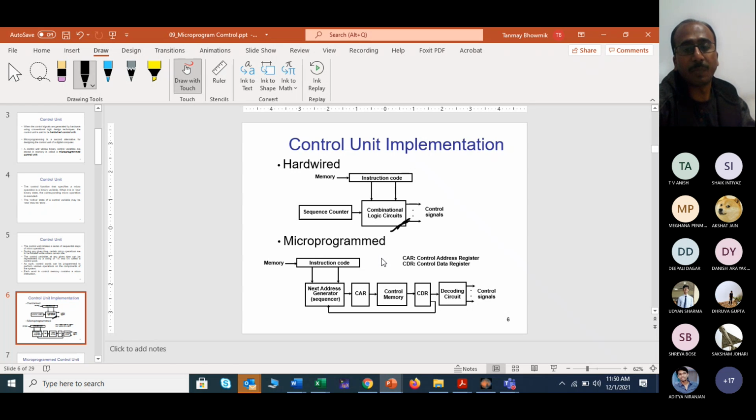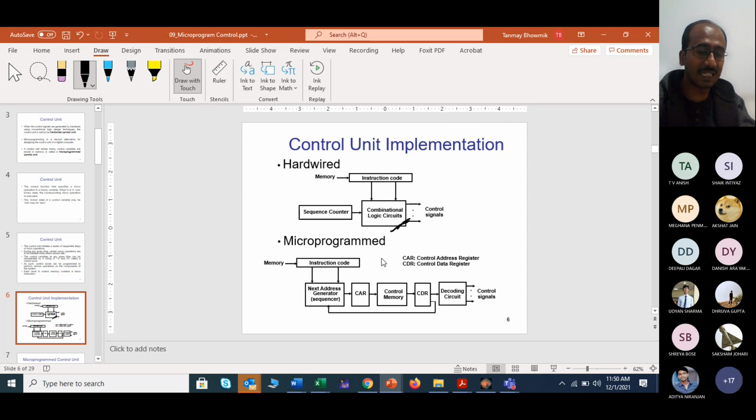Then in case of microprogrammed control, there will be memory, then instruction code, right? The same thing. The next thing is the next address generator. The difference you can feel is that in hardware control, we were just using combinational logic circuits, and in microprogram control, we are taking the instructions from memory. That is why the next address generator or sequencer is here.